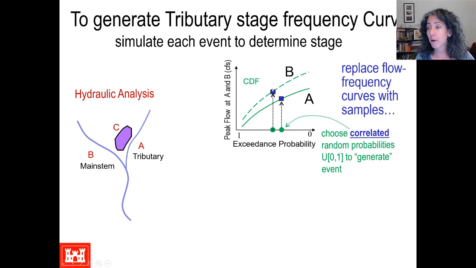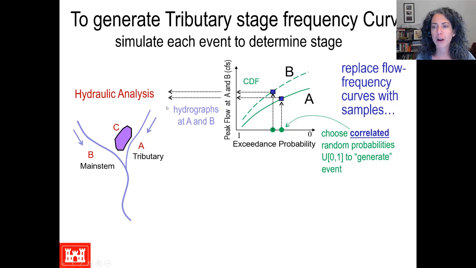For each pair, I'm going to get the flows off my flow frequency curves and turn them into hydrographs. Then I'm going to drop those hydrographs into my hydraulic model, the hydrograph for A on the tributary and the hydrograph for B on the mainstem. My hydraulic analysis is going to compute the stage at damage area C, and that will be the result of one event.